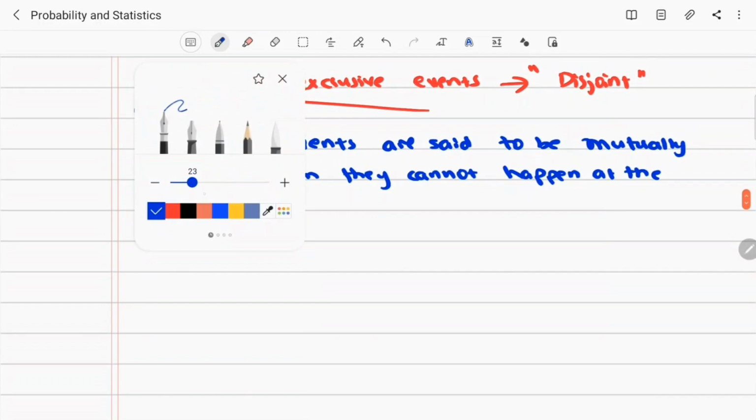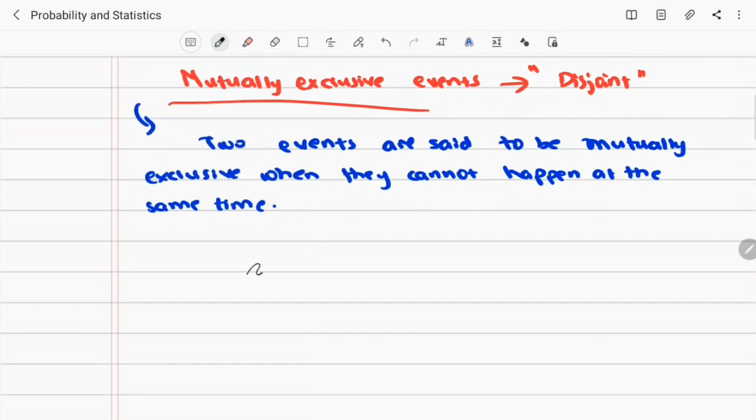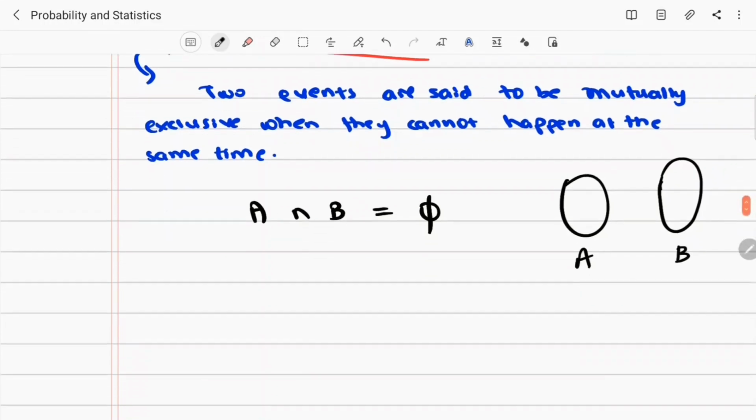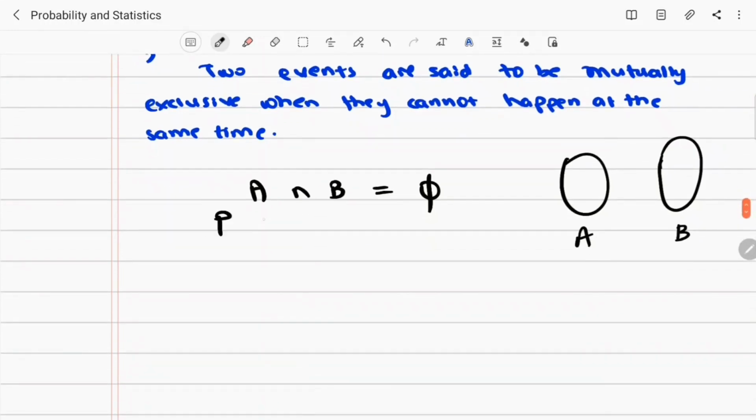In other words, if we have events A and B, their intersection would be just the empty set. They cannot intersect. If these are two sets A and B, they would be completely disjoint. In terms of probability, this just means that probability of A intersection B would be equal to 0.